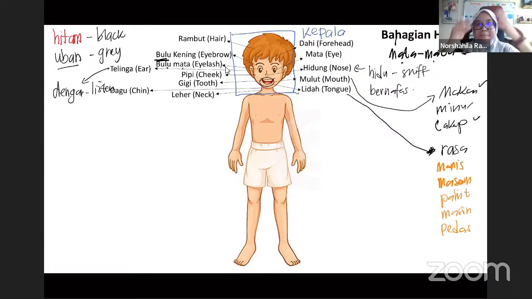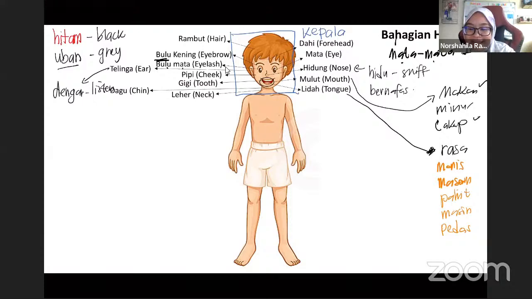Maybe you can watch in a Korean drama, they have scenes where they hit a friend's head. In Malay culture, and I think Islamic culture also, you cannot play with the head area. So it's a very taboo thing to do. Remember that. Please honor your head area.